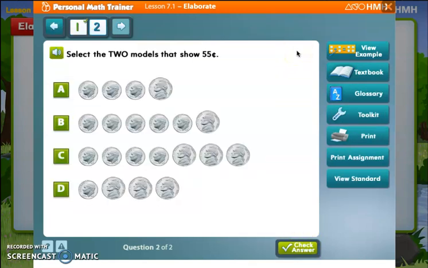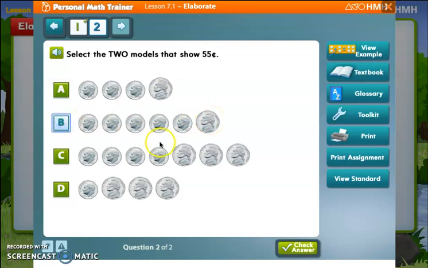Select the 2 models that show 55 cents. So let's count them. We have some dimes and nickels here. So 10, 20, 30, 35. That wouldn't work. Oh, I'm sorry. 10, 20, 30, 40, 50. And then we have a nickel, which is 5, so 55.